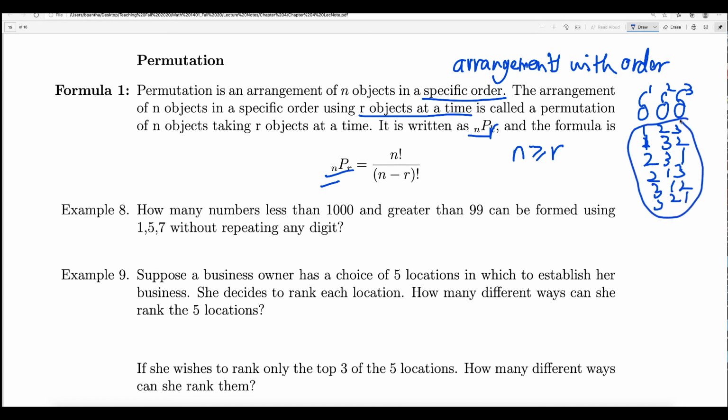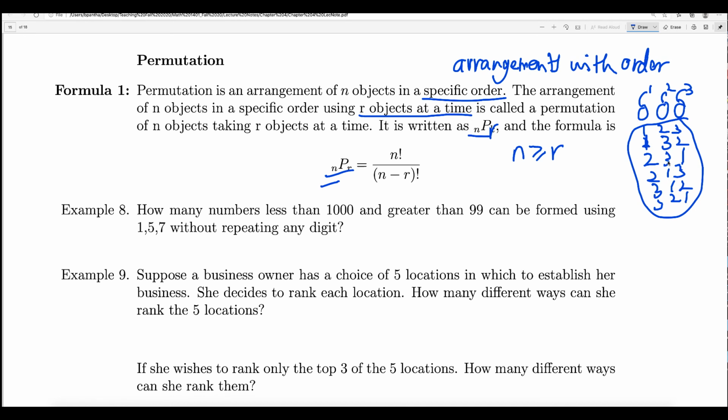Here the order is taken into account: 1 first, 2 and 3 after, versus 1 first, then 3 and then 2. These are the different arrangements when you consider the order. But if you do not consider the order, you just have 3 balls numbered 1, 2 and 3, whatever order you have.